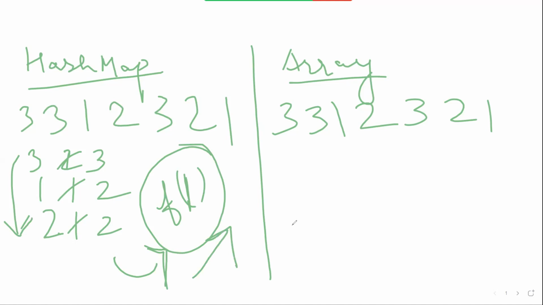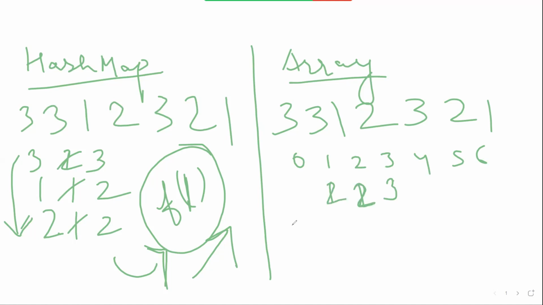Whereas for an array, when you need to find out the count of a particular element, we make an array. So the count of element 1 is 1, the count of element 3 is 3, the count of element 2 is 1, the count of 1 is 2, and 2 is 2.